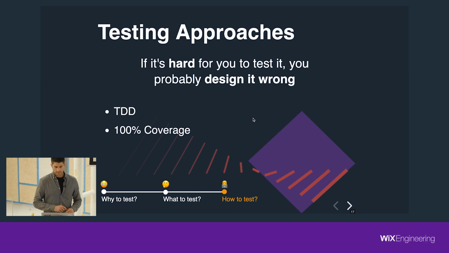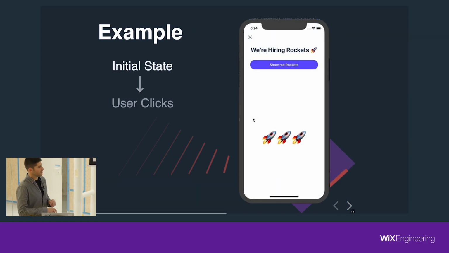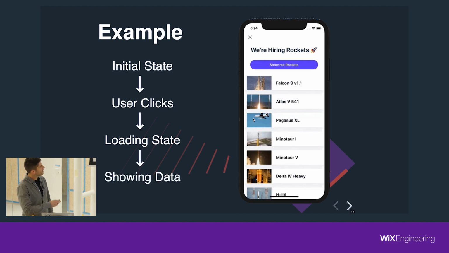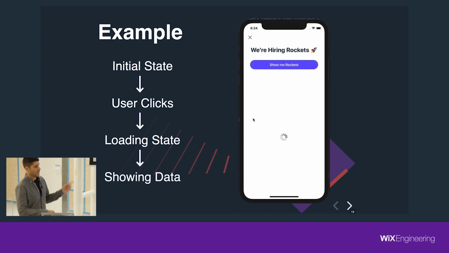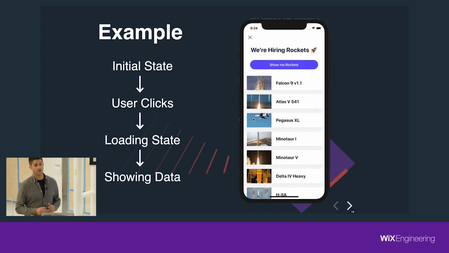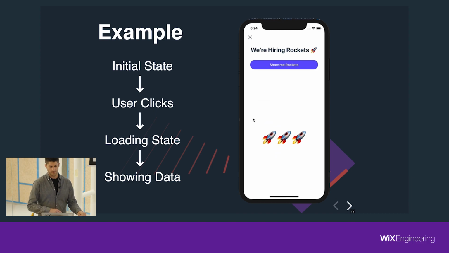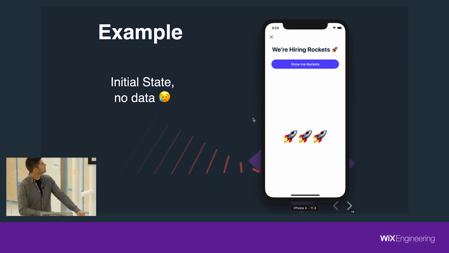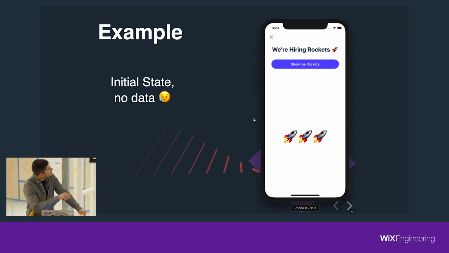Let's see an example. Here I have an initial state. The user clicks the button, I move to the loading state, and then I see the data. It's going to be kind of a lot of code, so try to stay with me. The first state is the initial state, no data. This is what's rendered, these rockets, and here you can see the title, We Hire in Rockets.